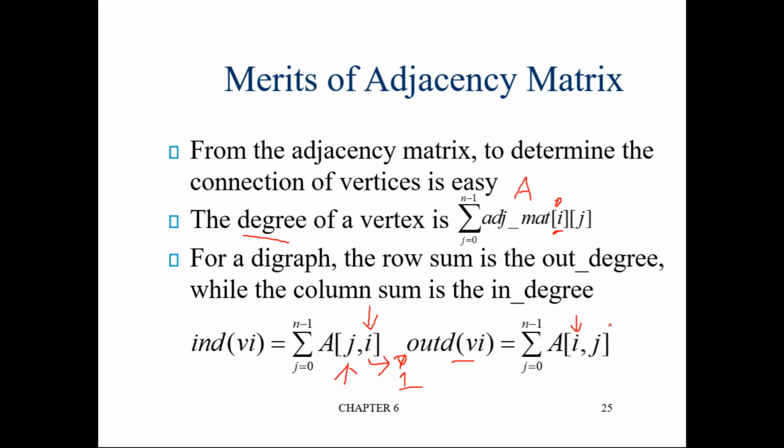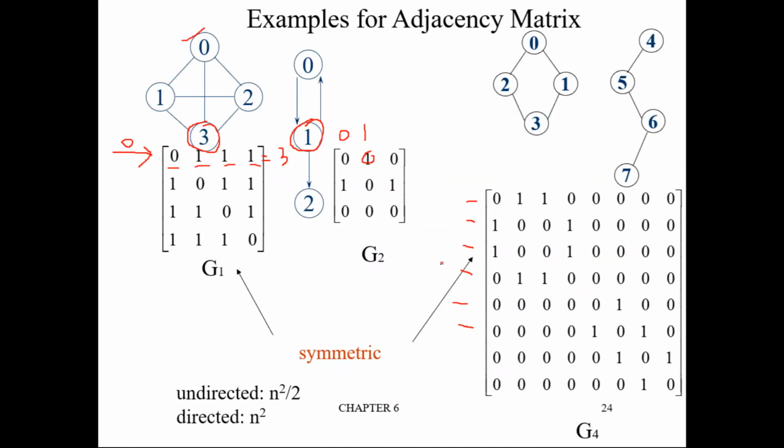For example, to calculate the out degree of node 1, it has 2. Go to row 1, this is row 1, and add all the column values: 1 plus 0 plus 1, that is 2. So its out degree is 2. This is how we calculate the in degree and out degree of these nodes.